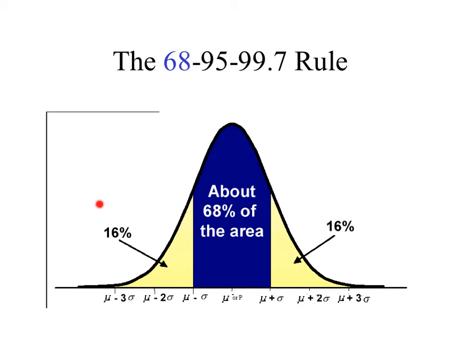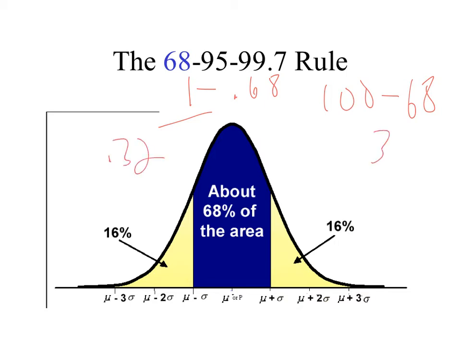So how did they come up with these 16% out here? Well, the probability under the curve is 1, or 100%, and we have 68% in the middle. We subtract that, which leaves 0.32 or 32%, and since this is a symmetric distribution, we can cut that in half, and that's where they're getting the 16%.